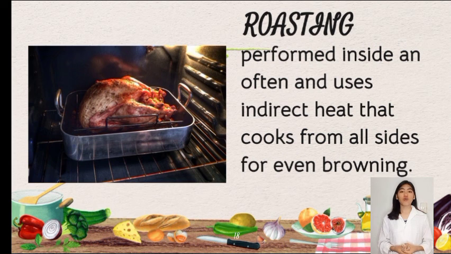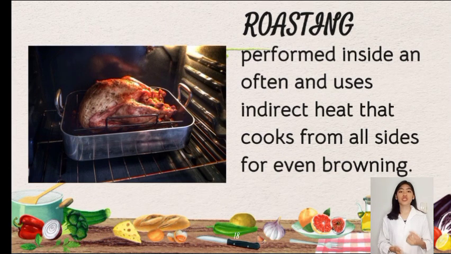Baking and roasting both use indirect heat to surround foods and cook food from all sides. The term roasting is used when you want to cook meat or vegetables, while baking is used when you want to make bread, rolls, and also cakes. So technically, these cooking methods are the same, but baking is usually performed at a lower temperature than roasting.